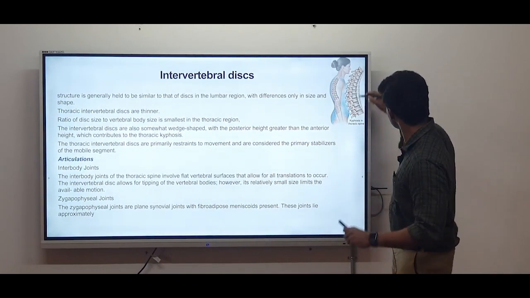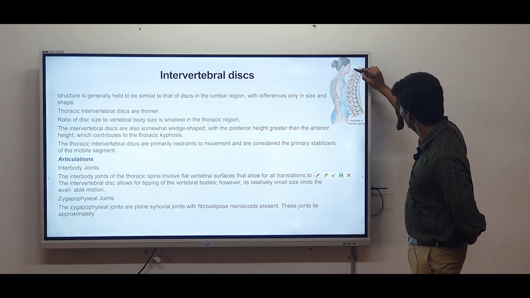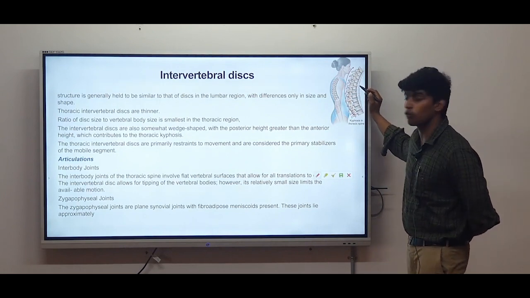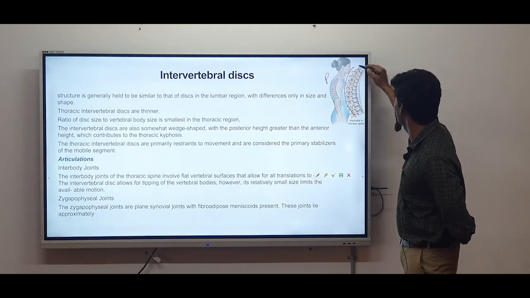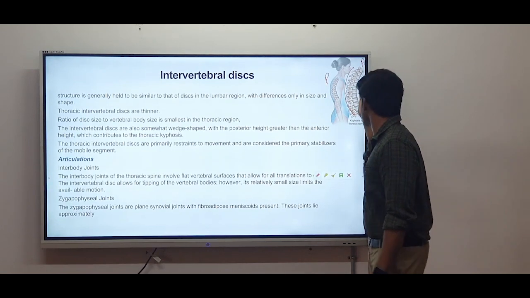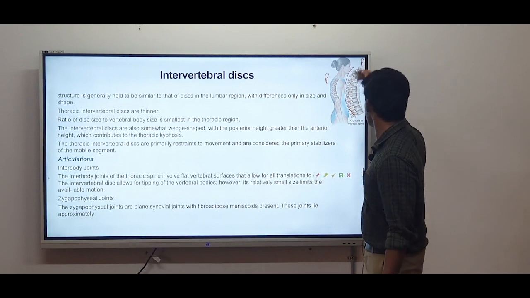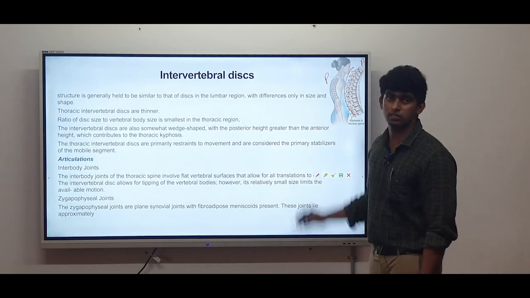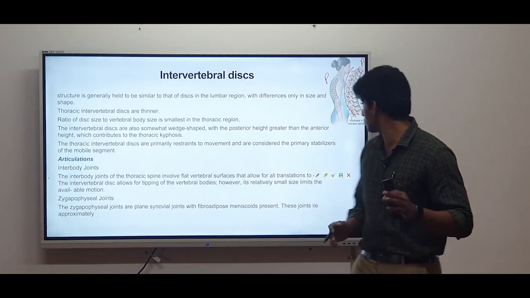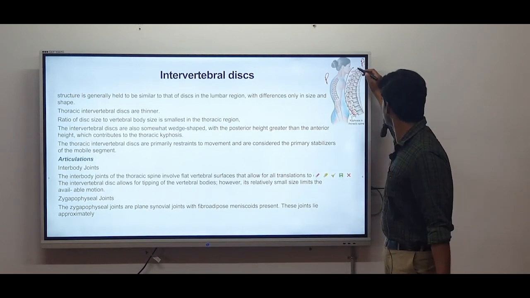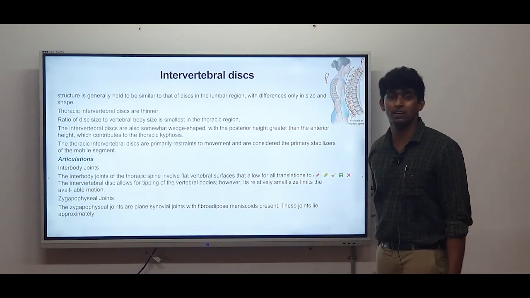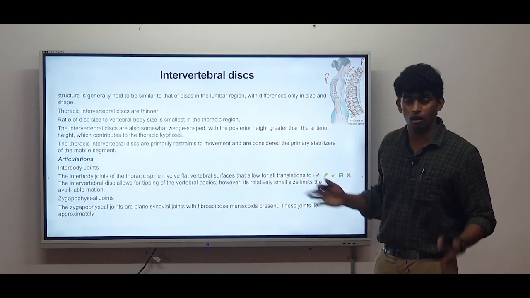Just see here, we have a primary curve like this, which means convex in the posterior part and concave in the anterior part. If a curve is convex in the posterior part, that is what we call kyphosis, not lordosis.